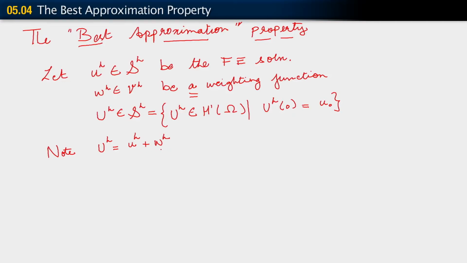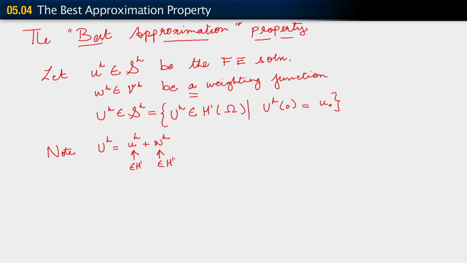Note that, as I made a point above, wh is any weighting function. Little uh is a very specific member of Sh. It is in fact the finite element solution. Also note that uh belongs to H1 and so does wh. Therefore, their sum also belongs to H1. We haven't quite proven it, but you can probably see why that works out. It does indeed work out rigorously.